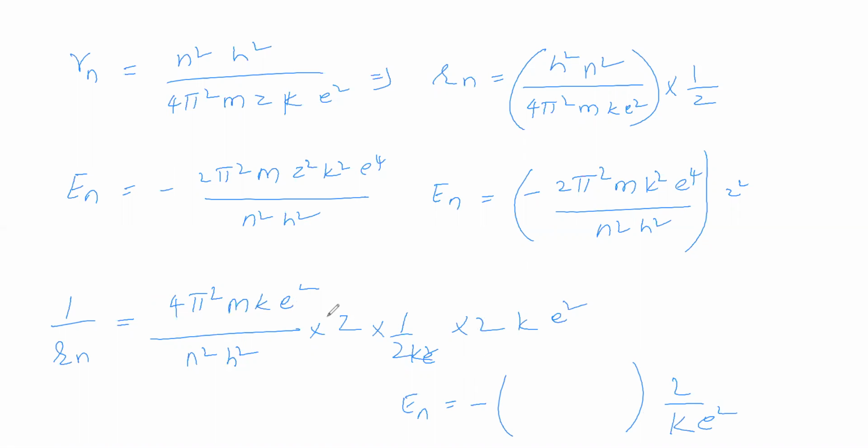Here z is there, but here z square is there, therefore in the denominator we write z. Now we have written En.